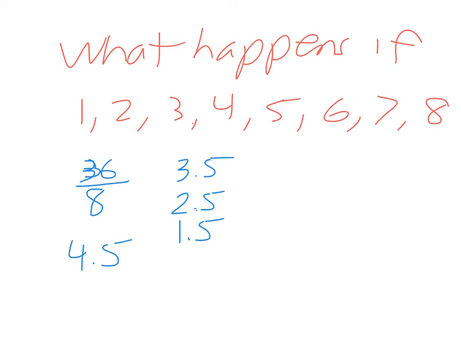And 4.5 minus 4 is 0.5. 4.5 minus 5 is negative 0.5, or 0.5. 4.5 minus 6 is negative 1.5, or 1.5. 4.5 minus 7 is negative 2.5, and the absolute value is 2.5.